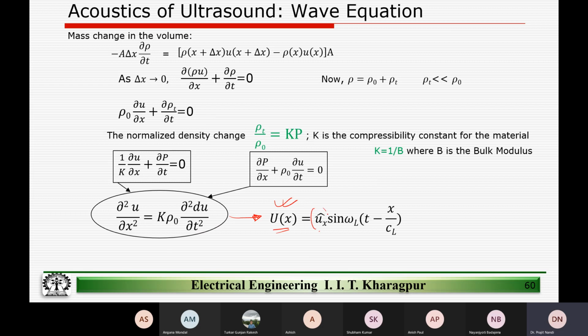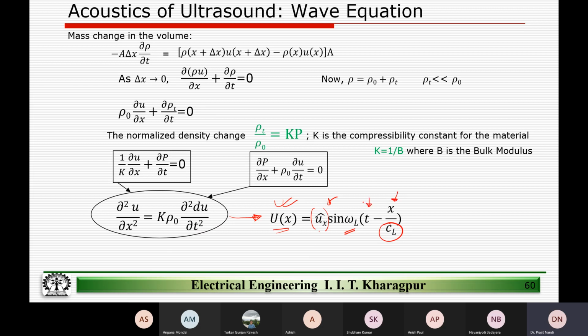One, of course, is the amplitude, Ux caps. It has a time varying component, which means it is characterized by a wavelength or a frequency. Here we are talking of omega L. CL is the speed of the wave in the medium. X, of course, is the axis that we have defined.